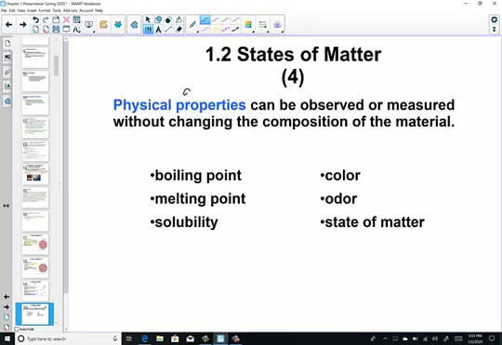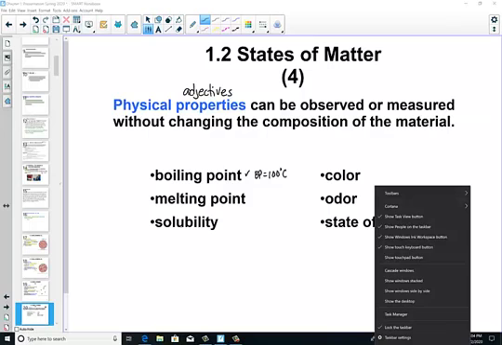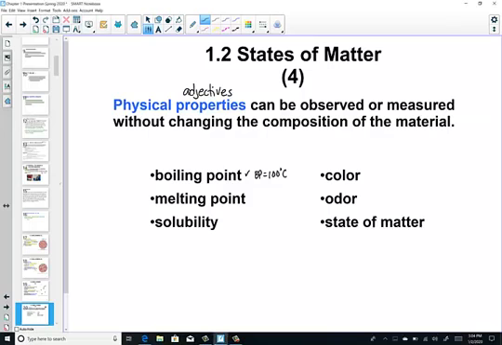So kind of thinking of adjectives, qualifying descriptors, if you will. What can I say without changing the identity? I can tell you a boiling point. For example, the boiling point of water is 100 degrees Celsius. I'm not telling you anything else but a boiling point, and it isn't changing its identity.